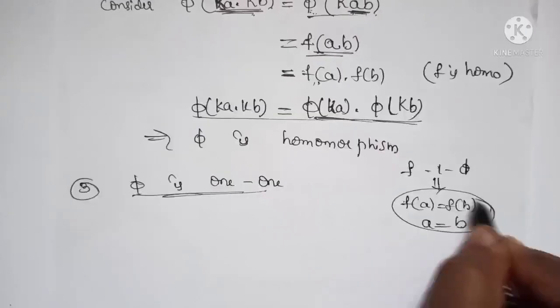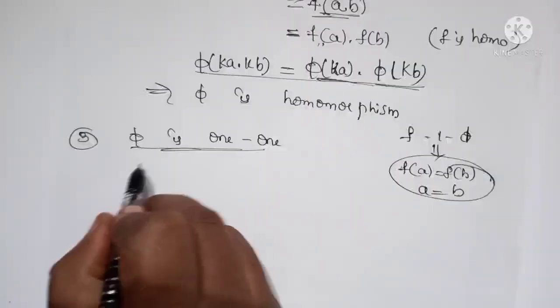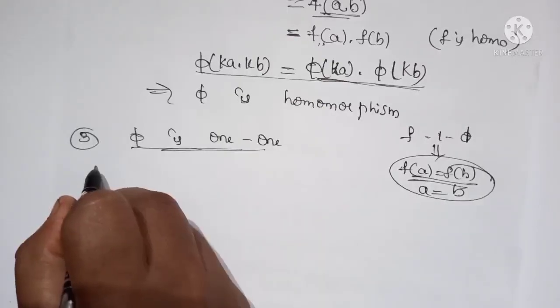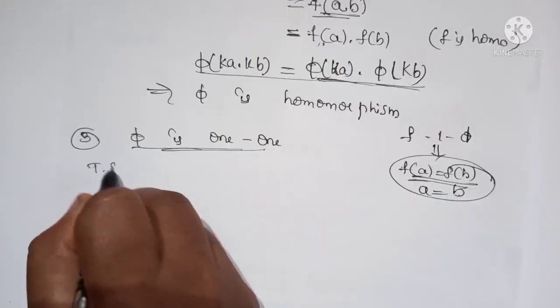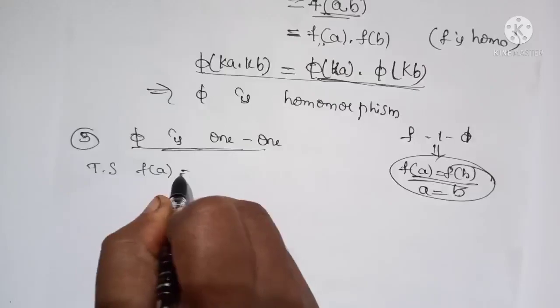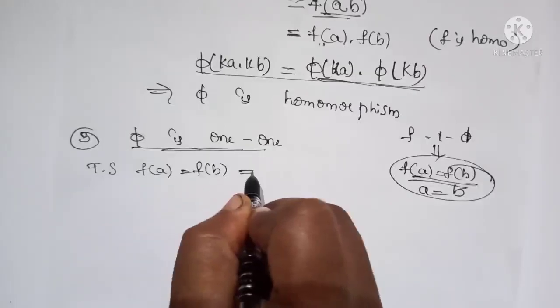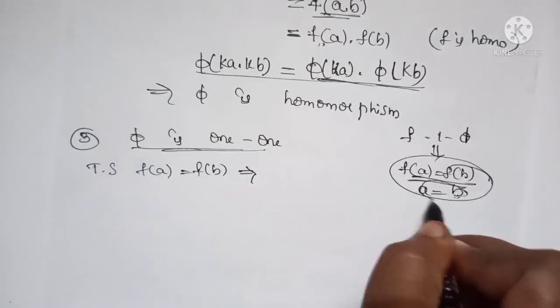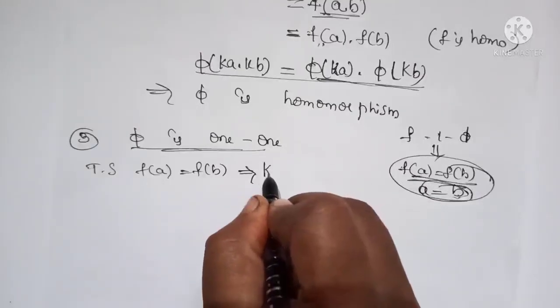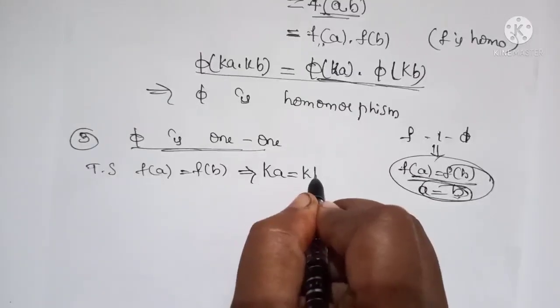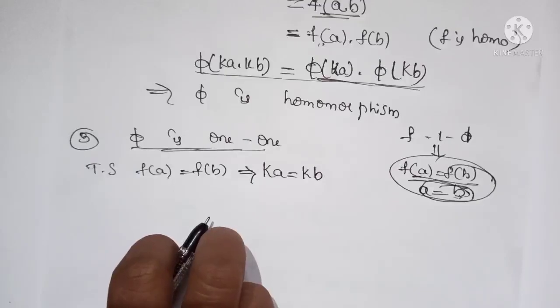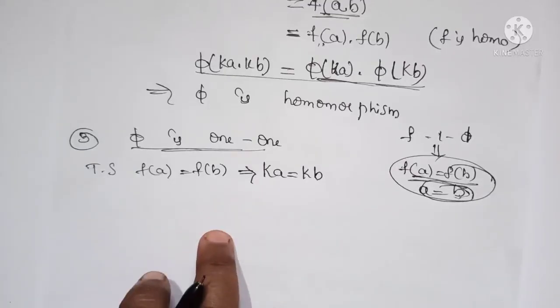So here also we have to prove the same, but in the place of a and b we have Ka and Kb. So we have to show that Ka is equal to Kb. It is almost the reverse process of showing well defined.